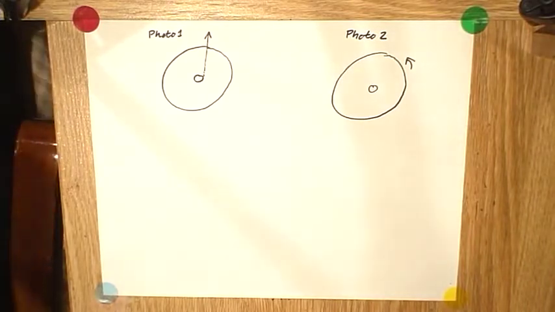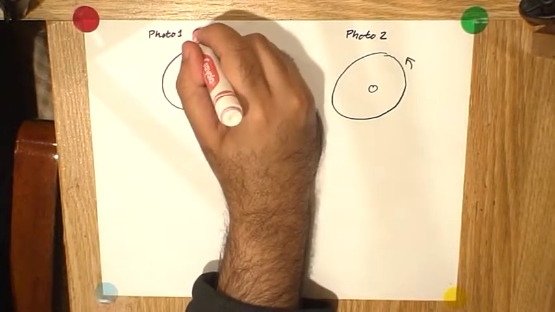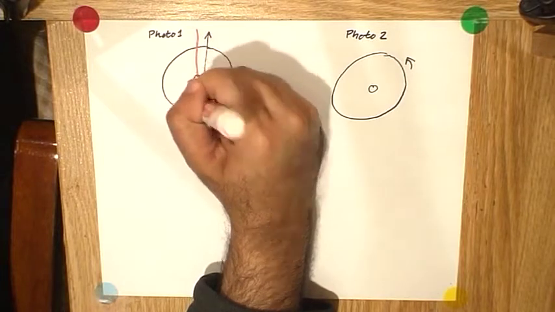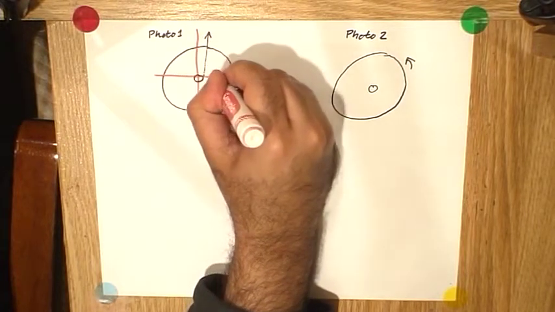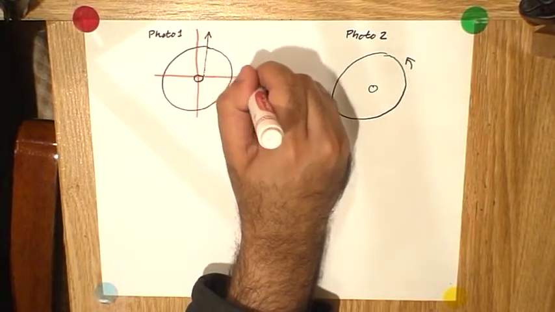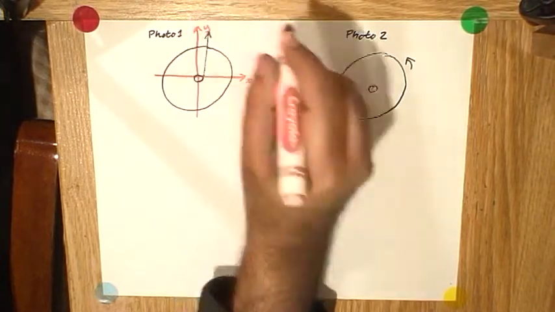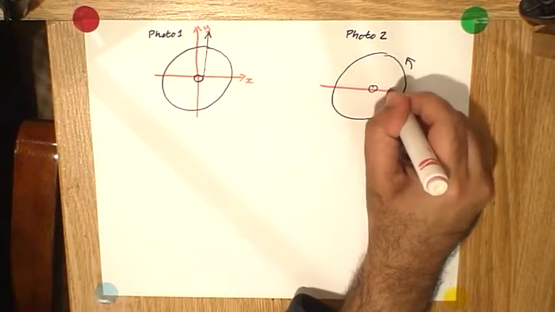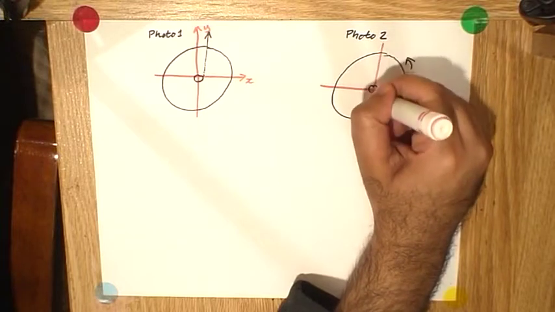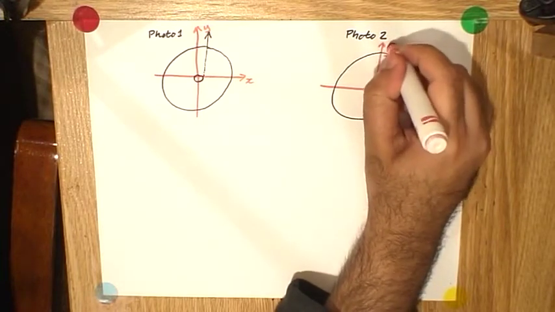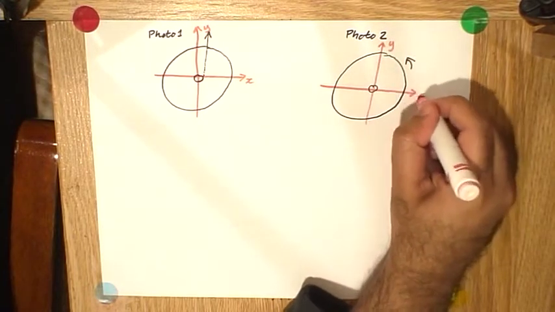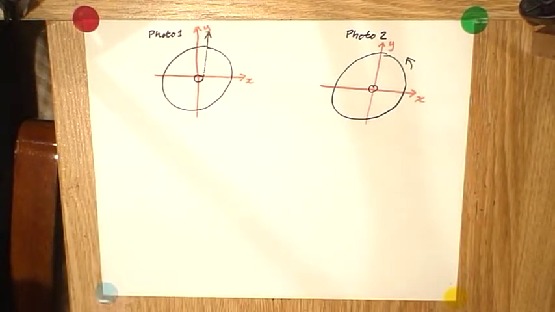Now, let's put in the axes. I'm going to put my axes in the conventional way. And now let's put in the information that we know.